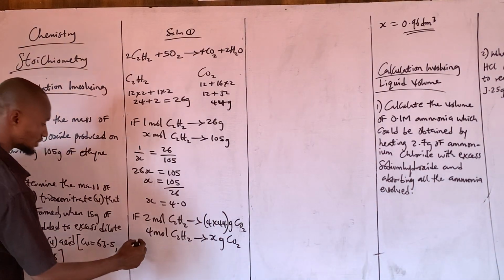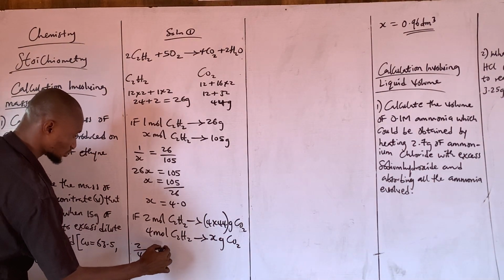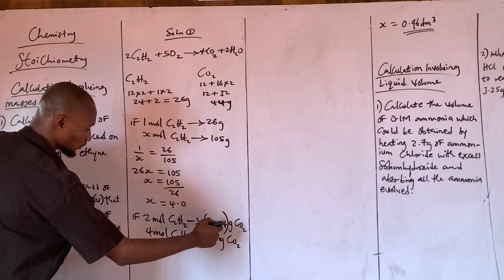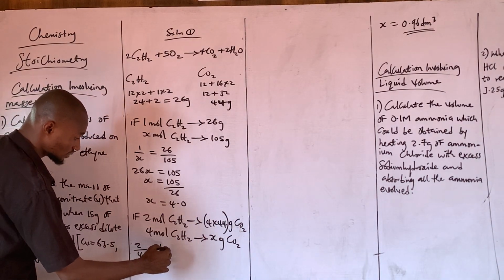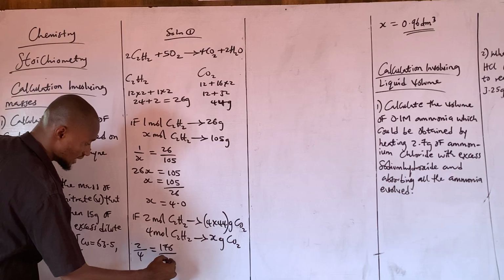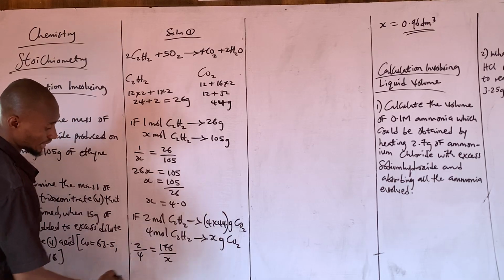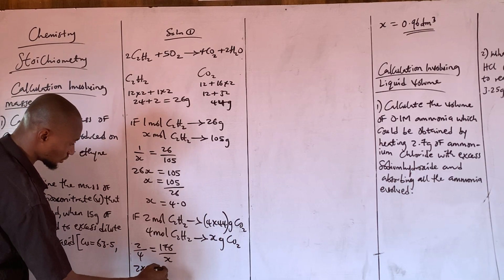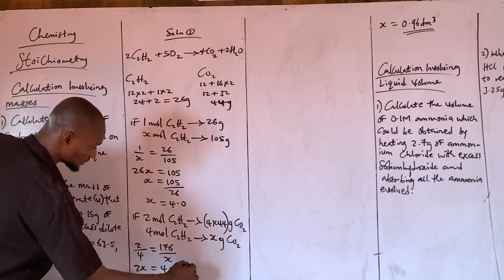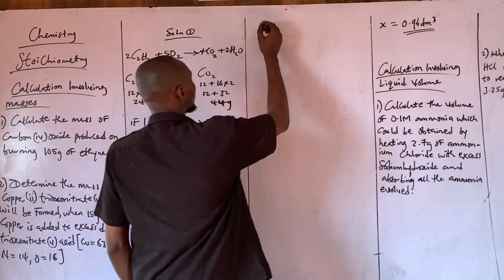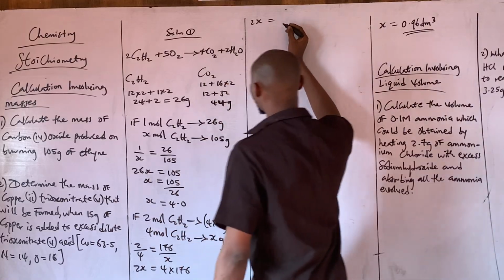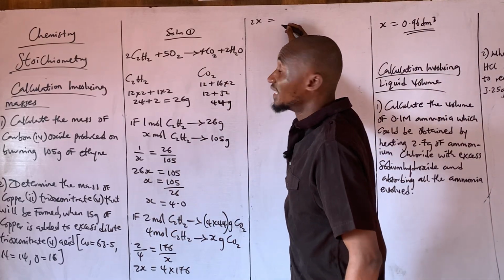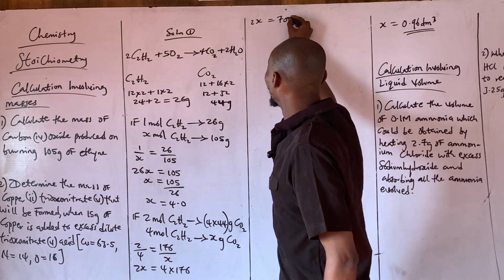So here, this is 2 over 4 times 44, which will give us what? 176. So 176 over x. If you cross multiply this, you have 2x is equal to 4 times 176. Is that correct? So 2x is equal to 704.